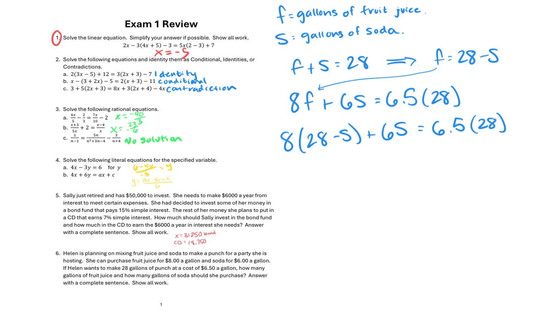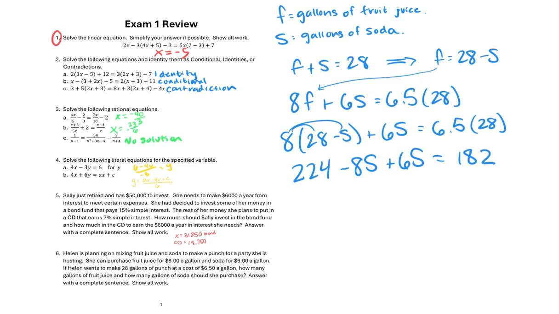So I can do some simplifying here. We can distribute this. We end up getting 8 times 28, which is 224, minus 8S plus 6S, and then 6.5 times 28, it's equal to 182.